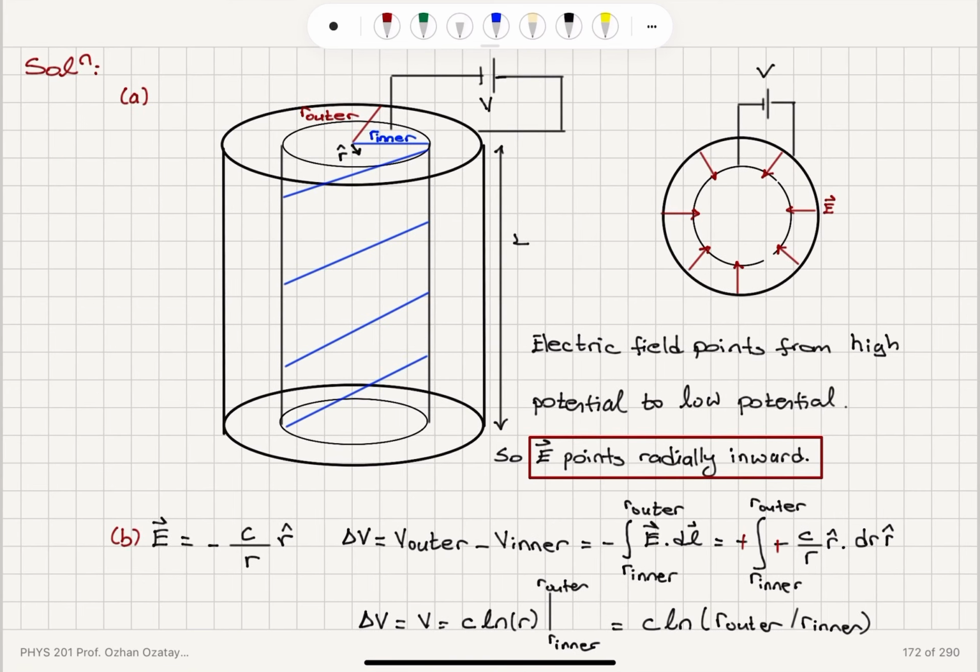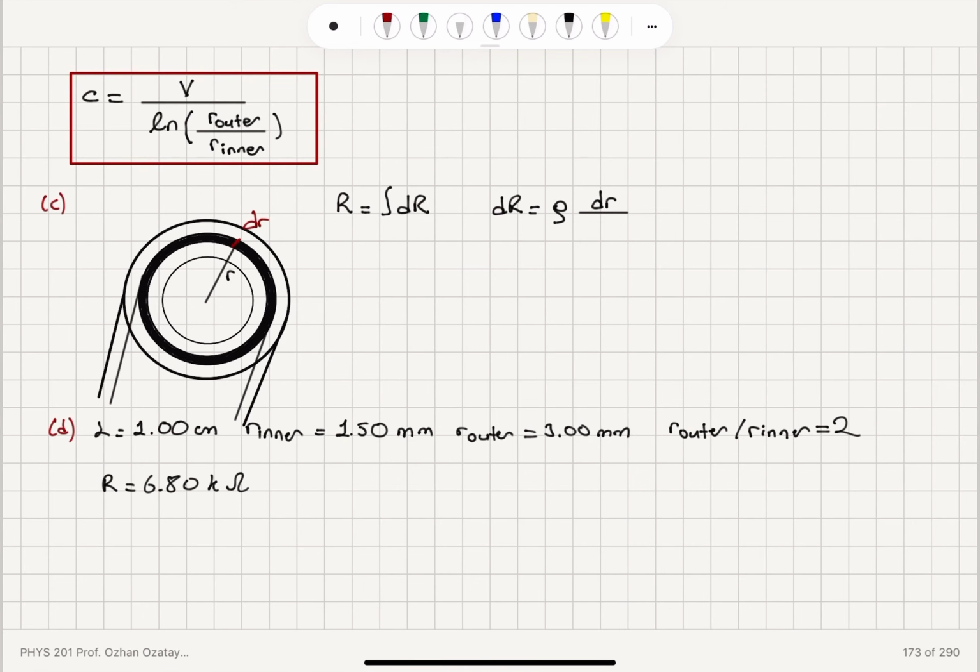So what is the area seen by the current? If the current flows radially inward like this, it sees the side surface area of the cylinder, which is 2 pi r multiplied by L. That's the circumference multiplied by L.